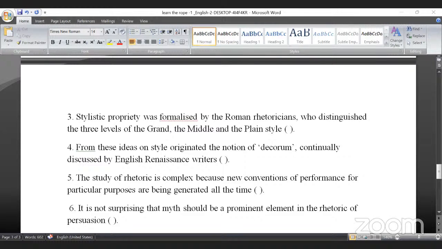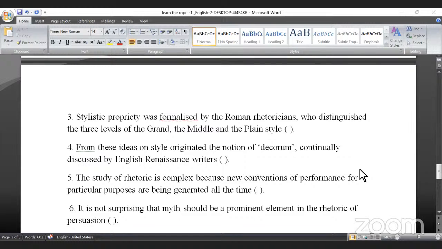So how is it adverbial? What tells you this is adverbial? How did you identify this as adverbial? What happened?